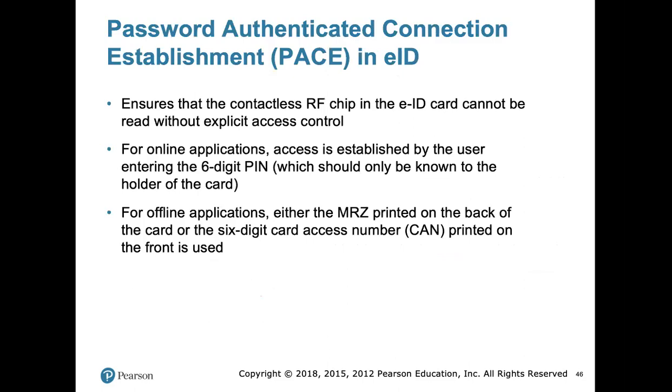The reason that we need to have a password in the EID card is that if someone steals the card, they cannot use it, for example, for authentication, or they cannot use it for, let's say, e-signature. So for ensuring that the contactless RF chip cannot be used for illegitimate e-sign or authentication, there is also a PIN. So the role of the PIN is very important here.